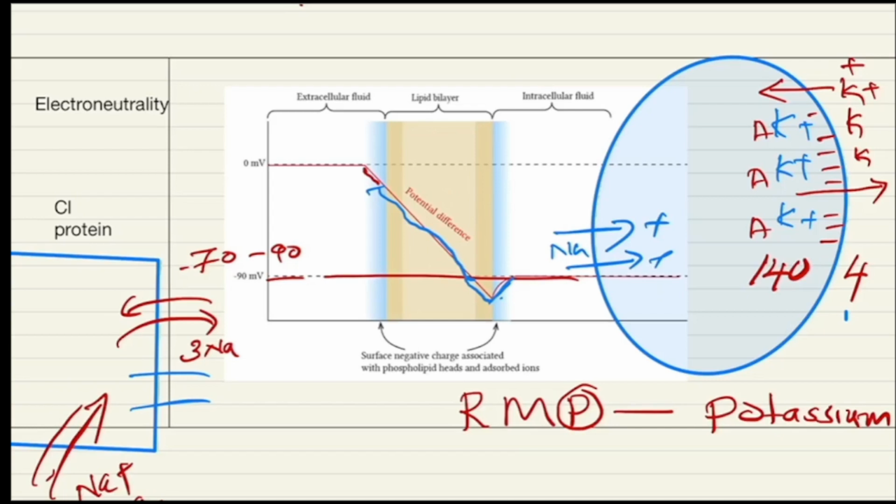Once potassium accumulates inside, it tries to go out through the leaky potassium channel, which is always open and much faster than the sodium channel. That is how the membrane potential at the resting state is minus 70 to minus 90, and this is called the resting membrane potential. Hope this point is clear.